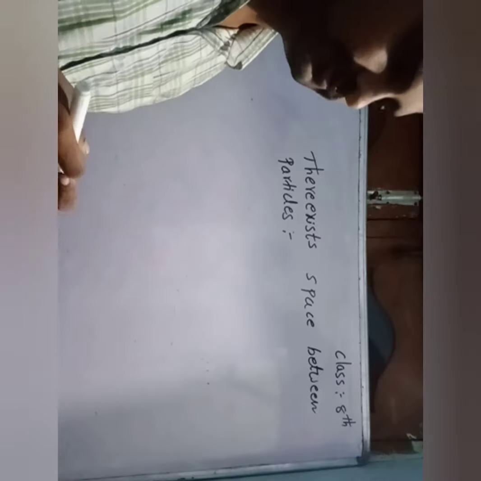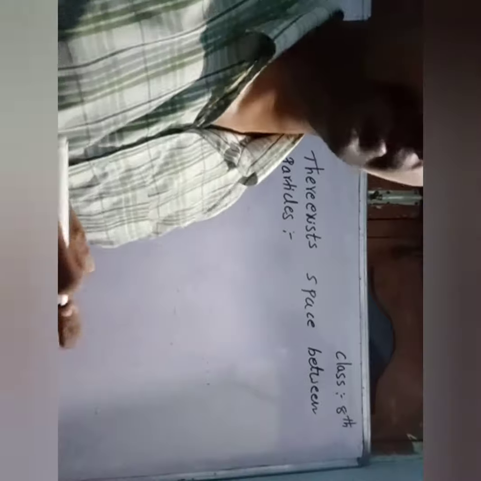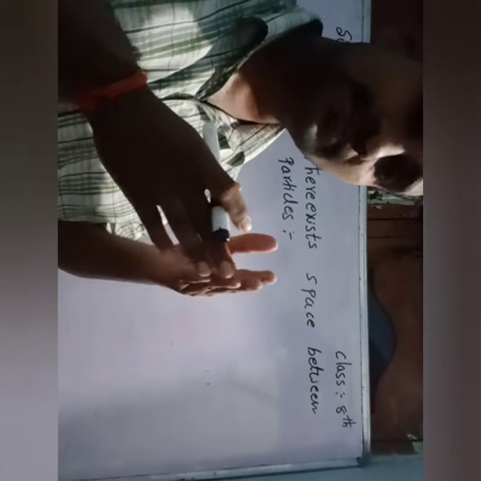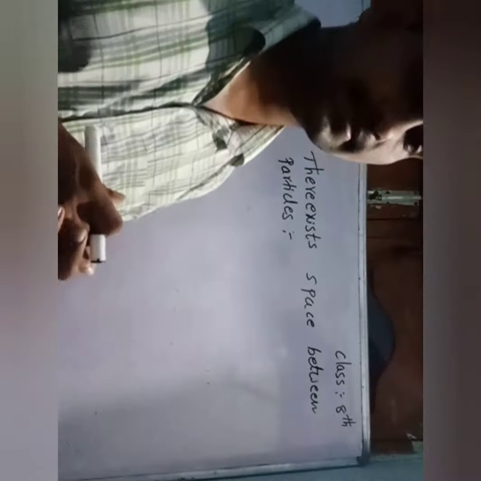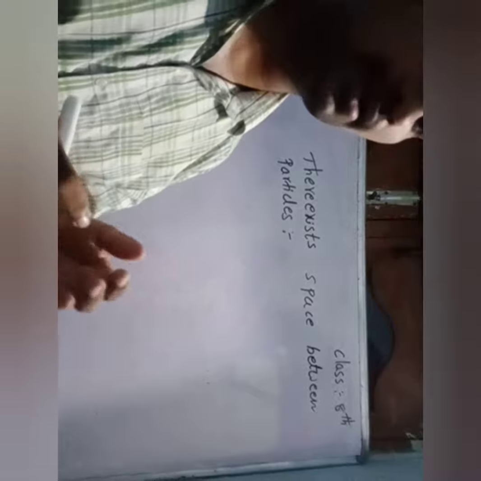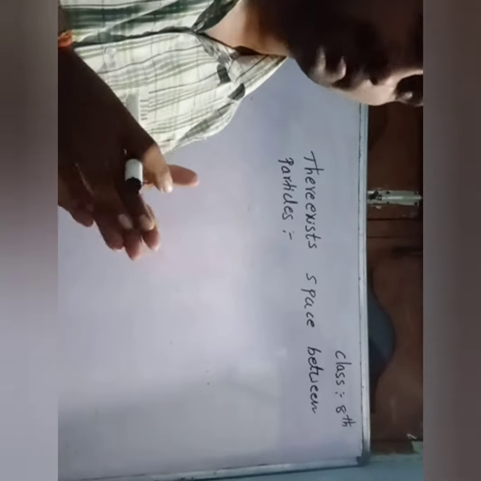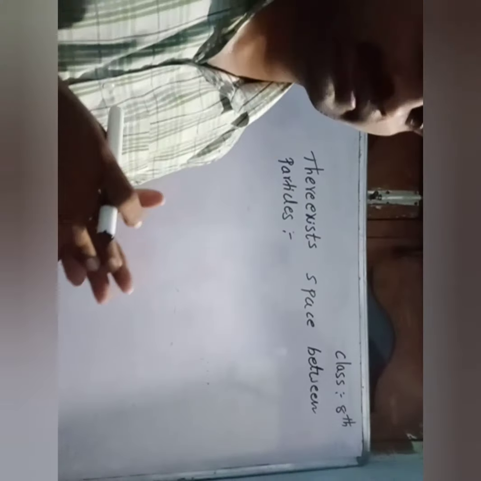Next topic. Take solids or liquids or gases, there is some space or some gaps between the particles. Clear? Take any solid or any liquid or any gas, there is some gap between the particles. It is explained with one small activity.